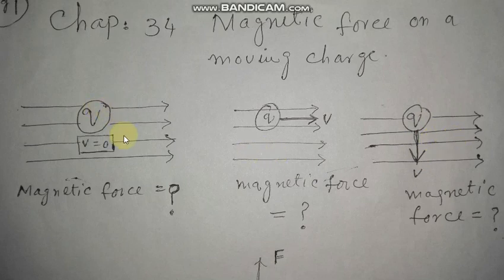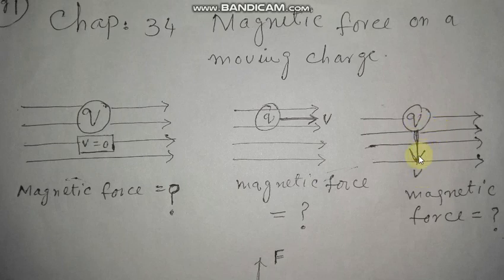So your answer must be that the force is 0 over here because V is equal to 0. It is 0 over here as well because the angle between B and V is 0, which makes F equal to 0, and here it will experience the maximum force, but in which direction?